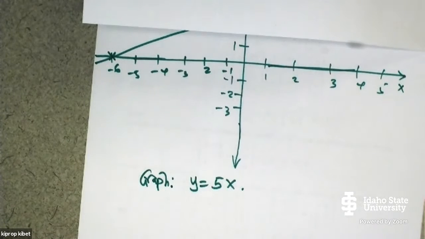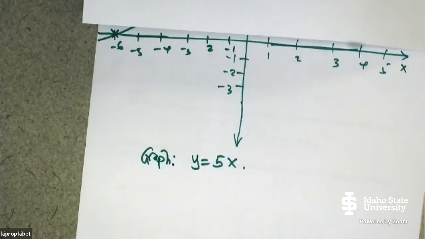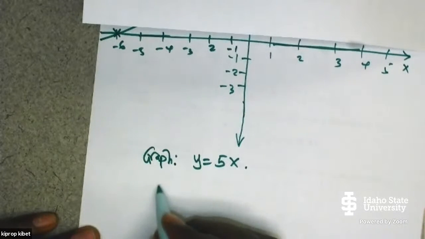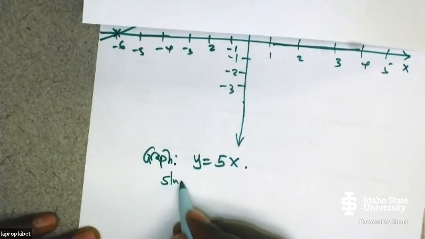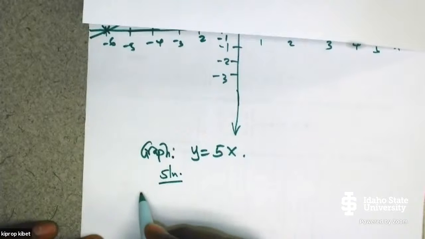How should we graph y equals to 5x? So we look for that. We start by getting the y and the x intercepts. So let's start by solution here. We get the what? The x intercept.